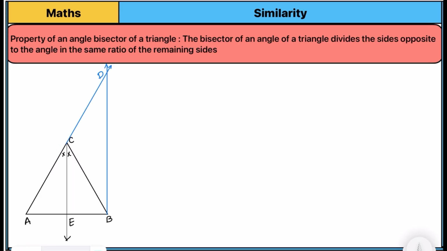Let's prove the angle bisector theorem as true. What you see on your screen now is some additional construction made with blue lines. I'll explain them in a moment.